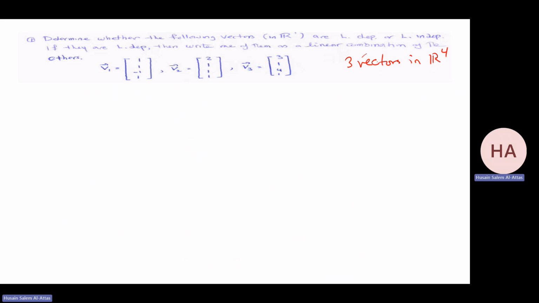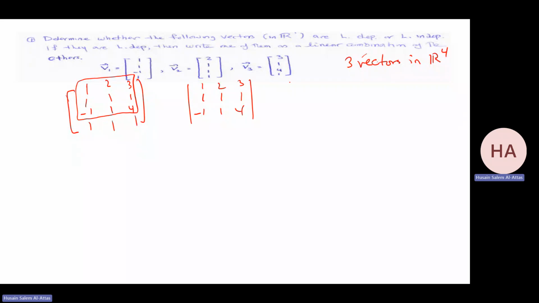If not, then we need to do more. I'm taking some 3 by 3 matrix. I find the determinant. 1, 2, 3, multiply by -1 and add, that will be 0. By -1 and add, that will be -1. By -1 and add, that will be -2. By 1 and add, that will be 0. By 1 and add, that will be 3. By 1 and add, that will be 7.